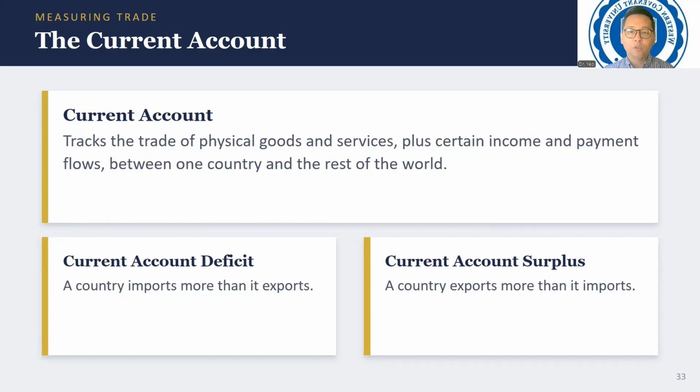The United States, for example, has run a current account deficit for many years, because Americans buy more foreign goods than foreigners buy American goods. When a country exports more than it imports, it runs a current account surplus. Some export-focused economies run large surpluses year after year.